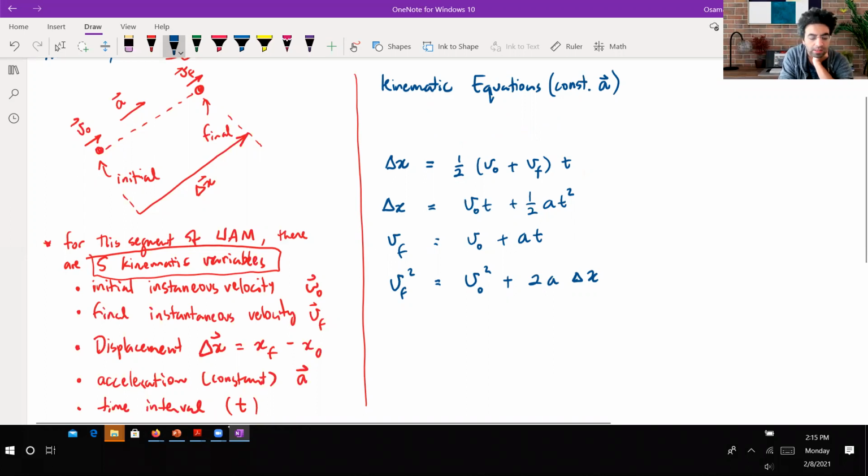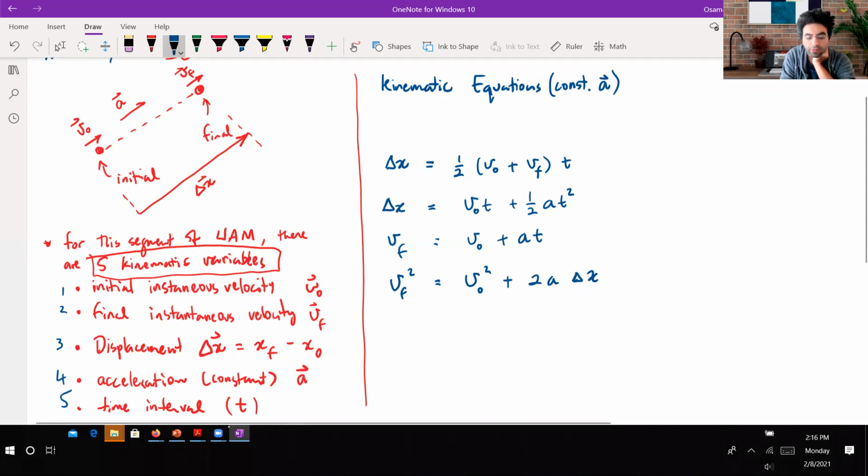As you can see, in each one of these equations, four of these five variables make an appearance. So here I have five kinematic variables and four equations. In each one of the equations, you'll find four of these variables. So the first one, for example, has the displacement, initial and final velocities, and the time. The second one has displacement, initial velocity, time, and acceleration.